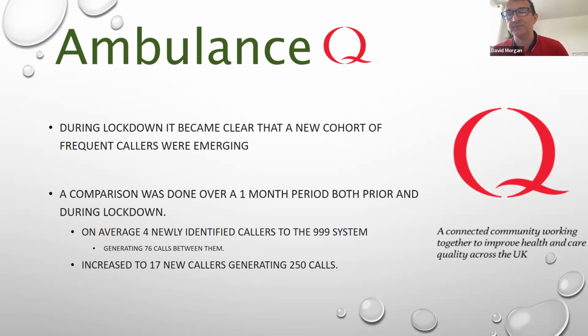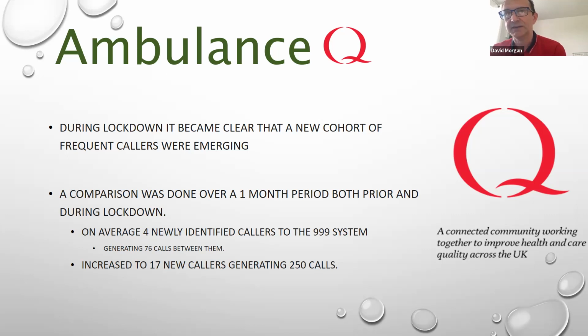So actually, we looked at this from day one, and on average, there were 4 new callers to the system every month to 999. This is using our frequent caller criteria. But very quickly, in the first month of lockdown, this increased to 17 new callers, which between them had generated 250 calls in the first month.